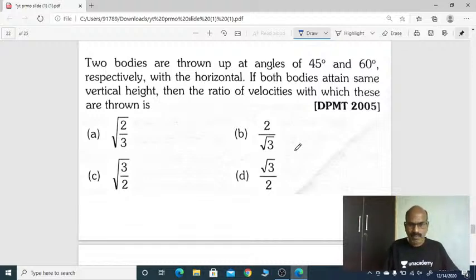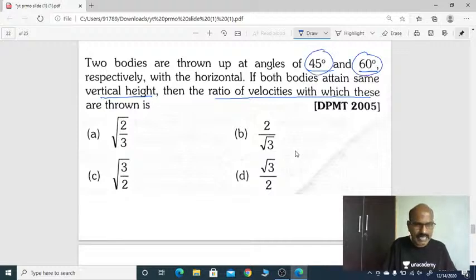Two bodies are thrown at an angle of 45 degree and 60 degree respectively. If both the bodies attain the same vertical height, then what is the ratio of velocities with which they are thrown? So u1 by u2, two bodies are thrown at angles 45 degree and 60 degree.